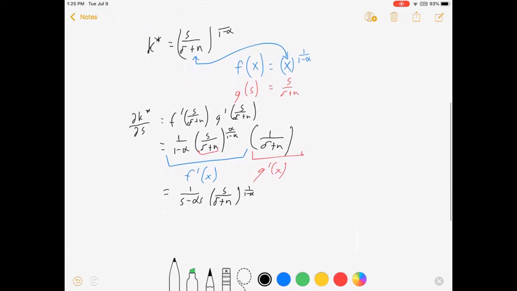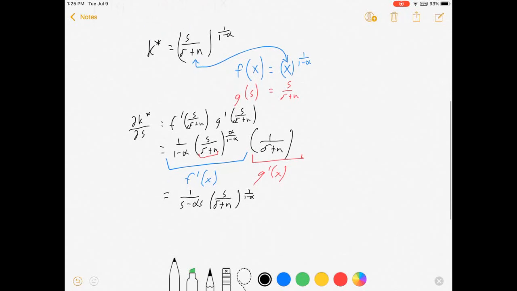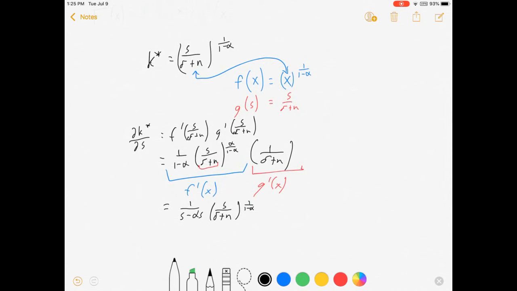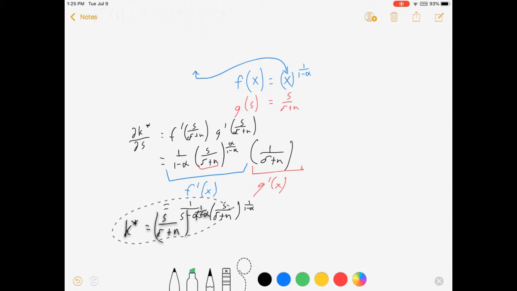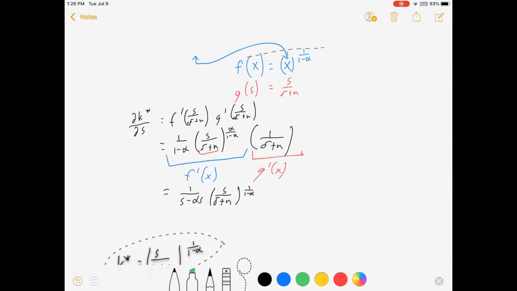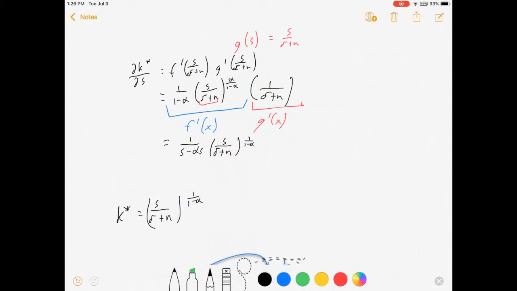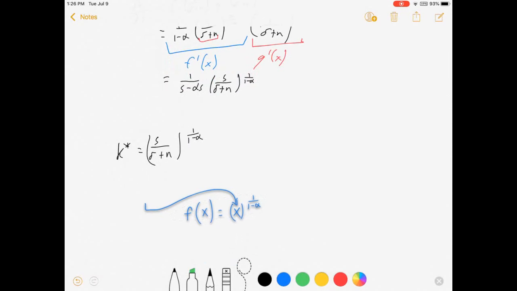Alright, let's do a second example just to firm this up a little bit. Let's keep the same k star and bring this piece down. And we can also keep this f function, because the outer function is still the same.